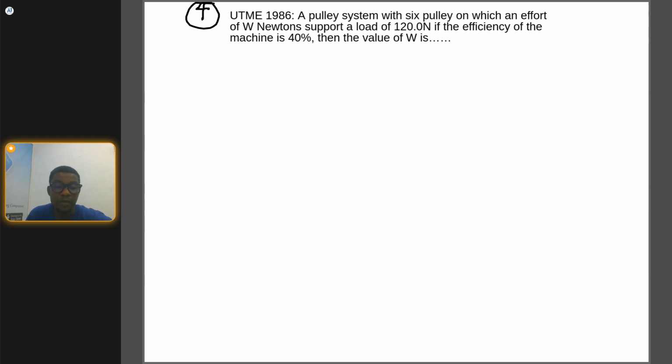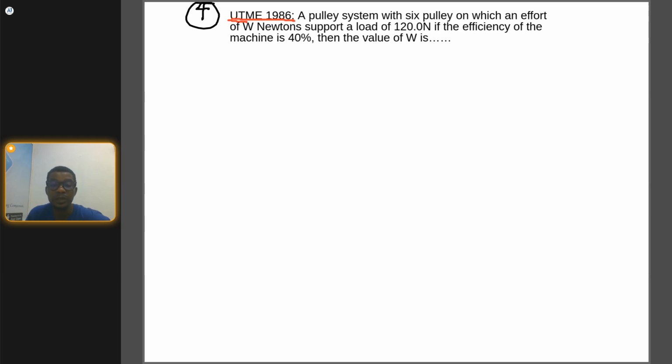Okay, so we have to solve this question, UTME question 1986. A pulley system with 6 pulleys on which an effort of W Newton supports a load of 120 Newton. If the efficiency of the machine is 40%, then the value of W is dash.